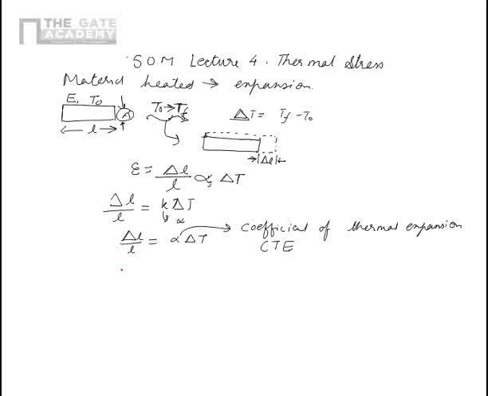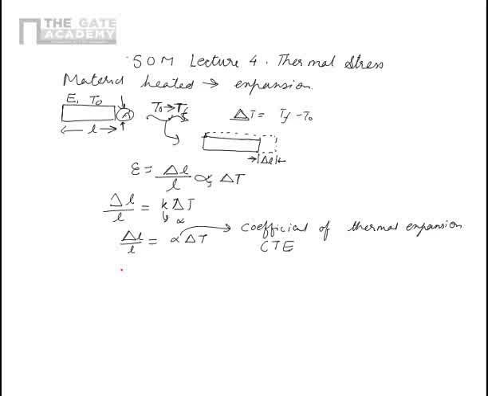Now, it is normally a property of material, which means that CTE is a property of material like E and nu and G and K, etc., which we have seen in the last lecture. Similarly, alpha is also a material property.